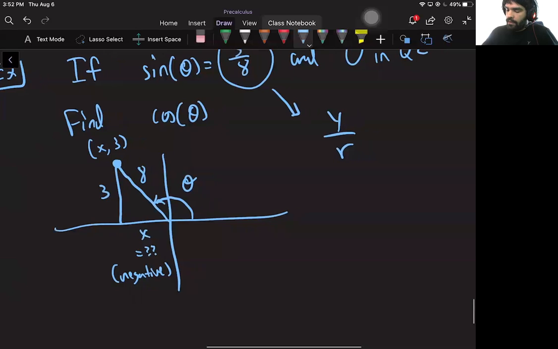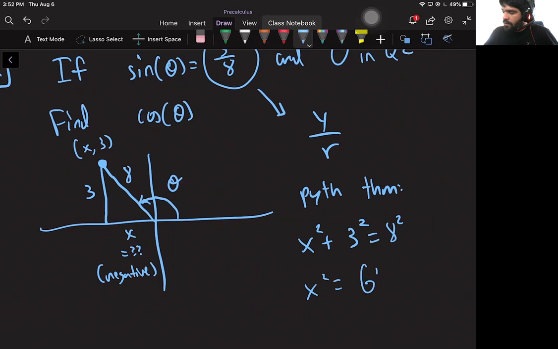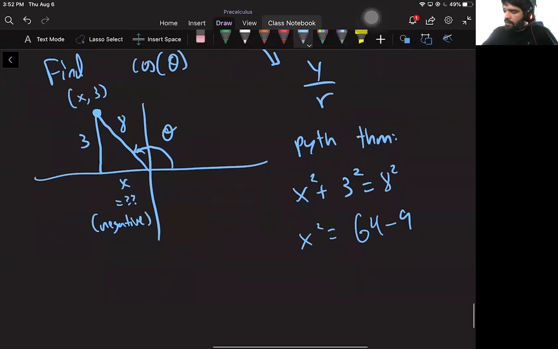So then I just have to figure out the x value by doing the Pythagorean theorem. So x squared plus 3 squared equals 8 squared. X squared equals 64 minus 9. What the heck is that? 55. X squared is 55.